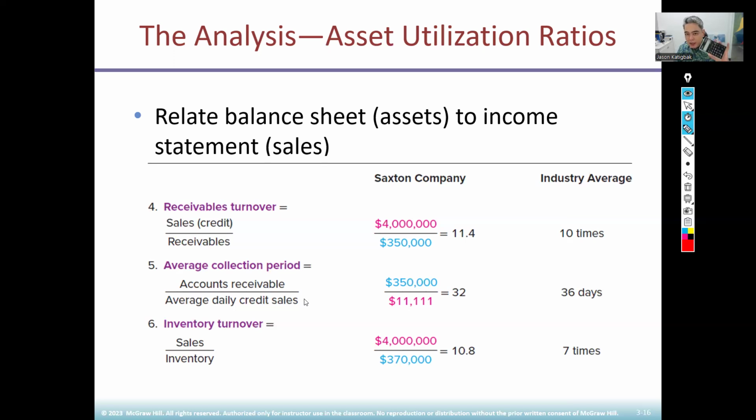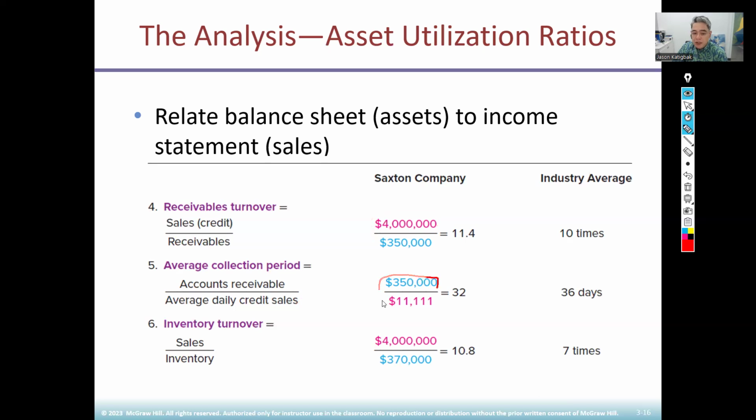I have an old school calculator always on my desk, right? Accountant. So when you think about it, sales here is annual. 4 million divided by 360 days in a year is 11,111 daily, because I divide by 360. That's why you convert the sales into daily by dividing it by 360.